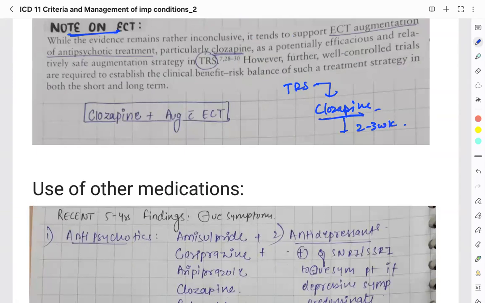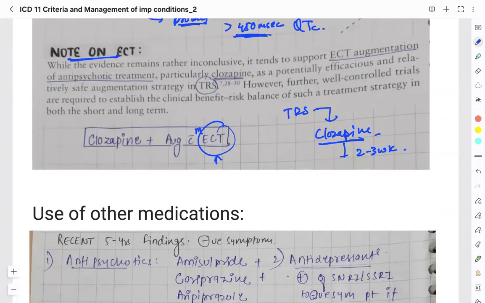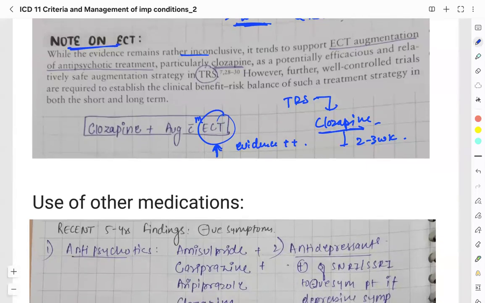In that case, you can augment with ECT, modified ECT. While the evidence remains inconclusive, there are many studies that tend to support ECT augmentation of antipsychotic treatment, particularly clozapine, as a potentially efficacious and relatively safe augmenting strategy.